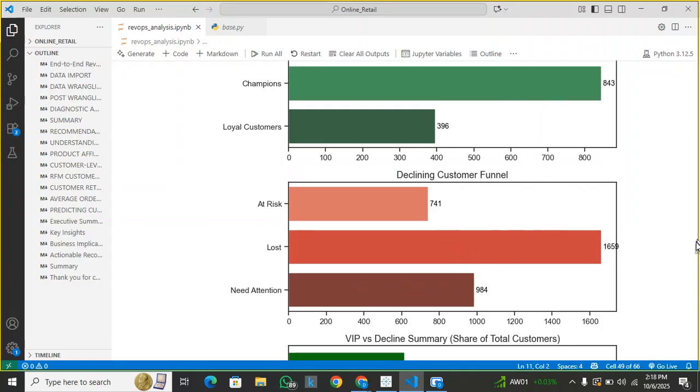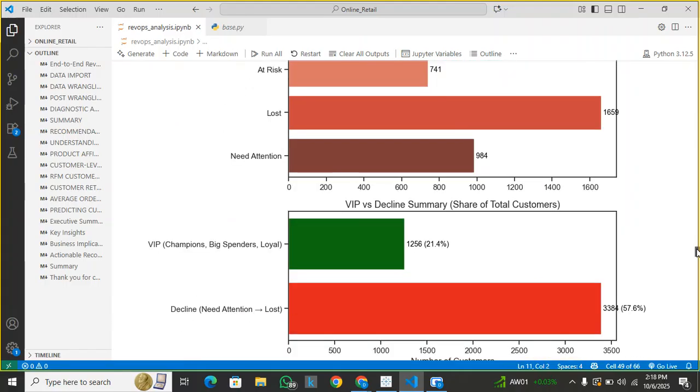If you put them together, you see the VIP versus decline. VIP, which are champions, big spenders, and loyal customers, are actually just 21% of our customers, while the decline group are 57.6%. This is giving a high churn risk.